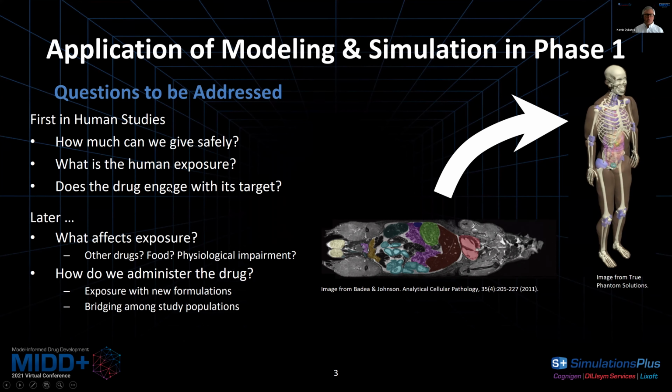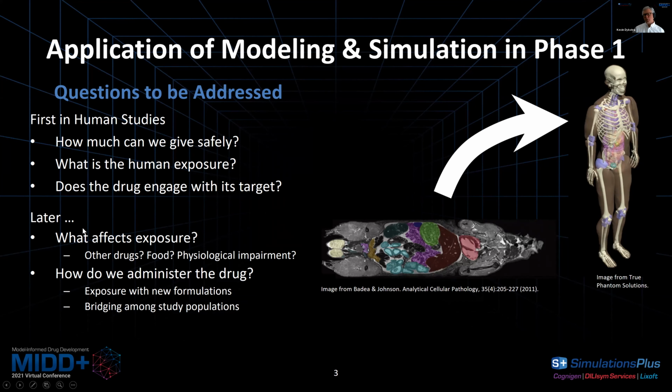And then the next critical question is not just how long does it hang around, but does the drug engage with its target? So typically we're looking for biomarker information there, and maybe even some aspects of whether the drug has some efficacy or not. And that would be primarily when we need to conduct phase 1 in a patient population.